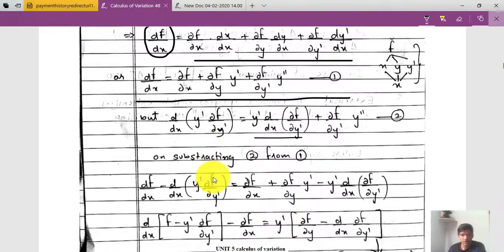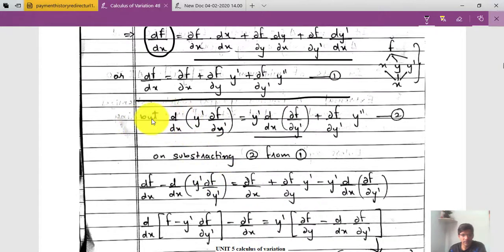Fine. Also I know that d by dx of y prime dou f by dou y prime, this is the uv rule: first function as it is, d by dx of second function, and second function as it is, differentiation of first. So this is equation 2.